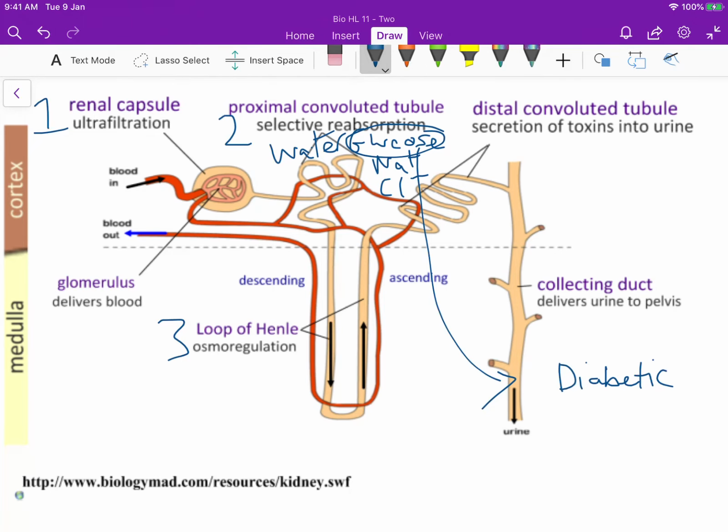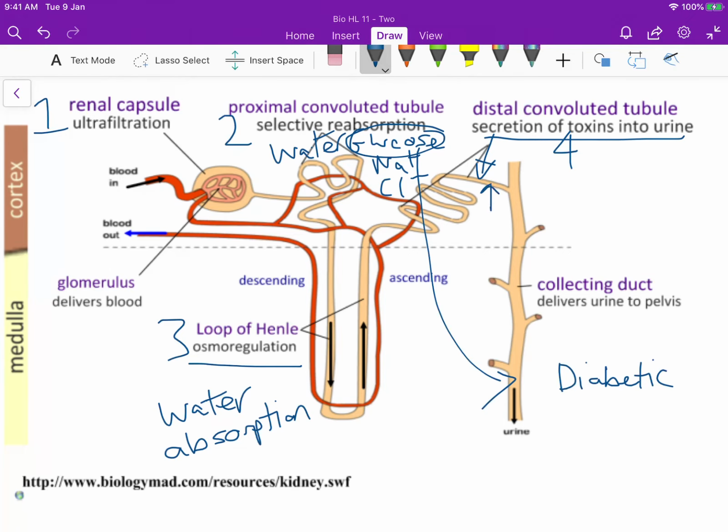Okay, down into number three. Third process is osmoregulation. This is water absorption. Process number four that we don't really go into is secretion of toxins. So from the tissues around, we can get toxins being put into the tubule.